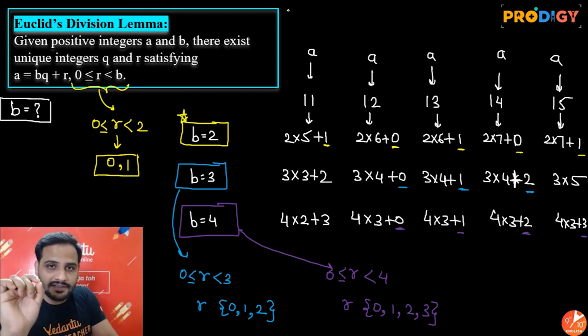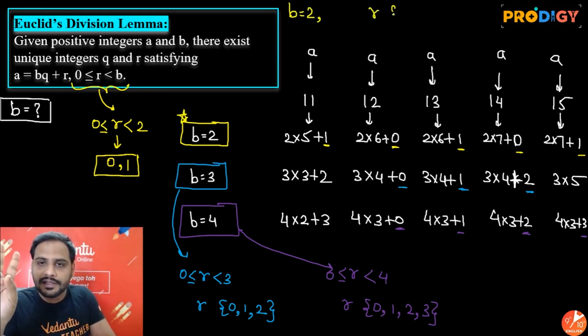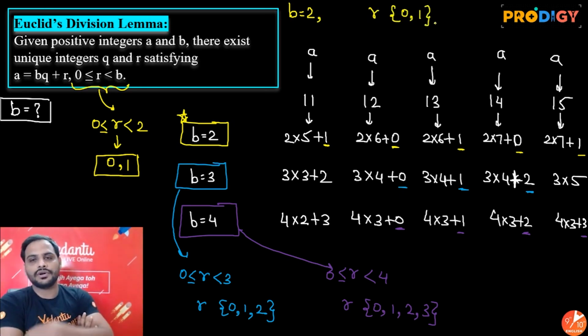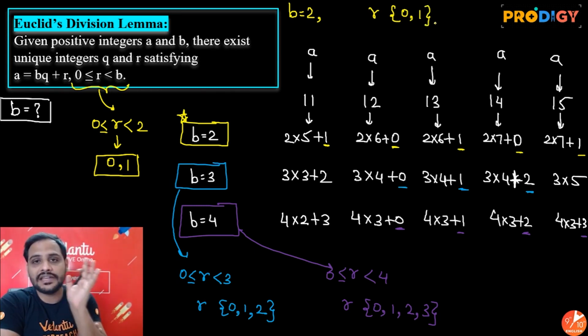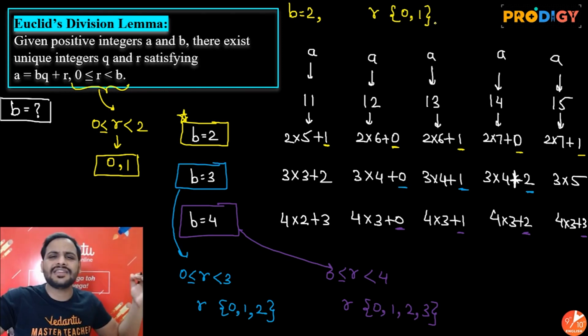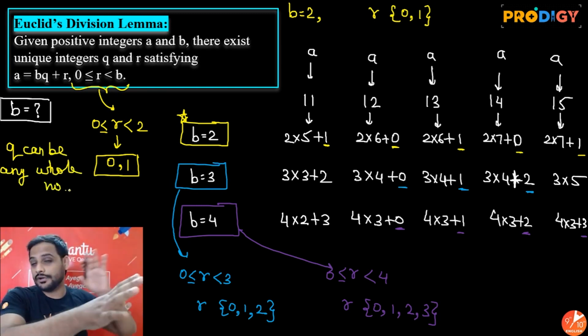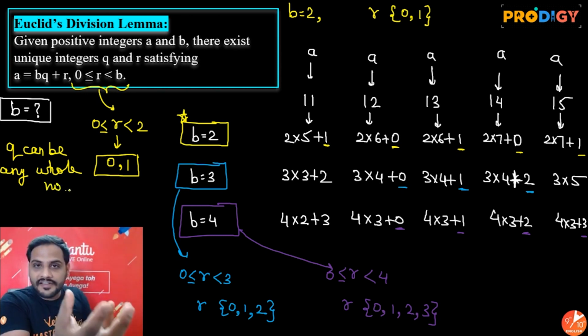If I fix my divisor as 2, the values of remainder can be either 0 or 1. Values of quotient we don't care about. Q can be any whole number. I am saying if I fix the divisor, I get a fixed set of values of R.